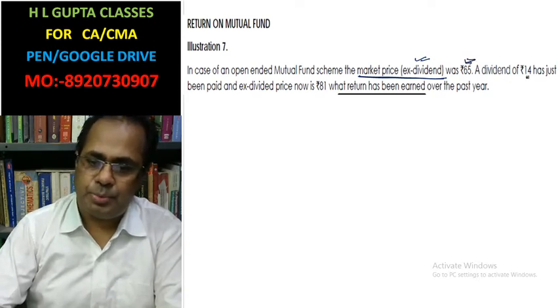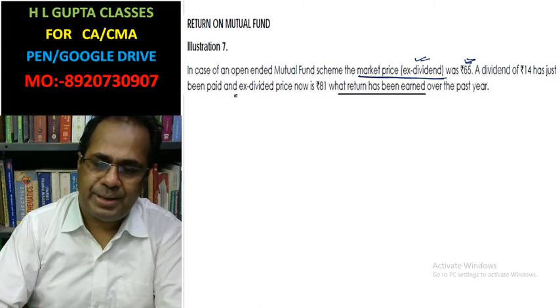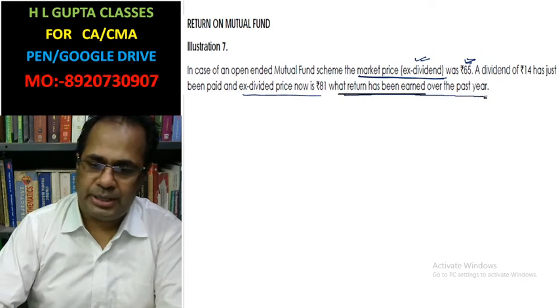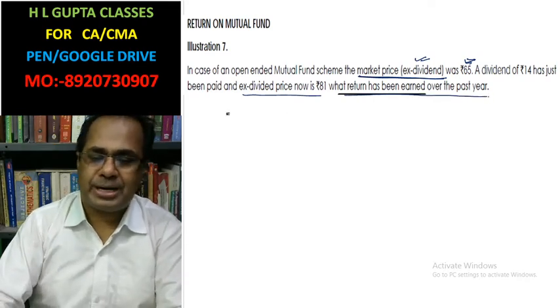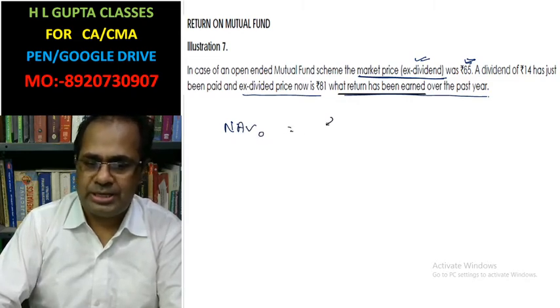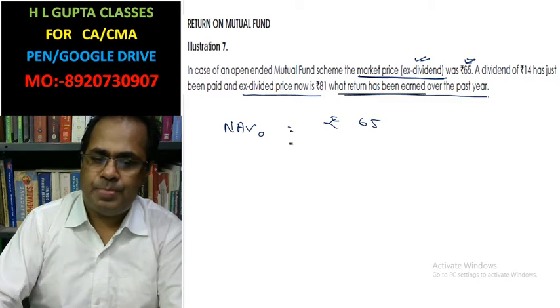A dividend of rupees 14 has just been paid and the ex-dividend price is now 81. What is the return for the year? In this case, the market price ex-dividend is assumed to be the net asset value at 0, that is rupees 65.